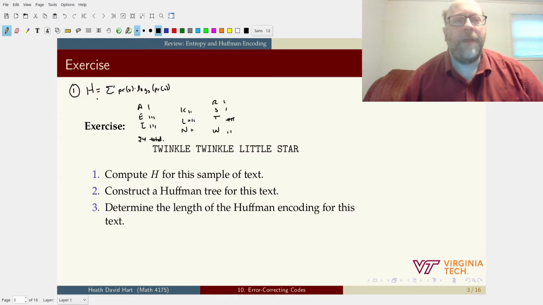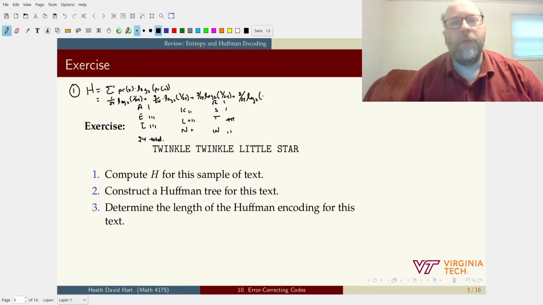And so the entropy is going to be 1 over 24 for the A times the log base 2 of 1 over 24, plus 3 over 24 for the E times the log base 2 of 3 over 24, plus 3 over 24 again times the log base 2 of 3 over 24, plus then for the K, 2 over 24 times log base 2 of 2 over 24.